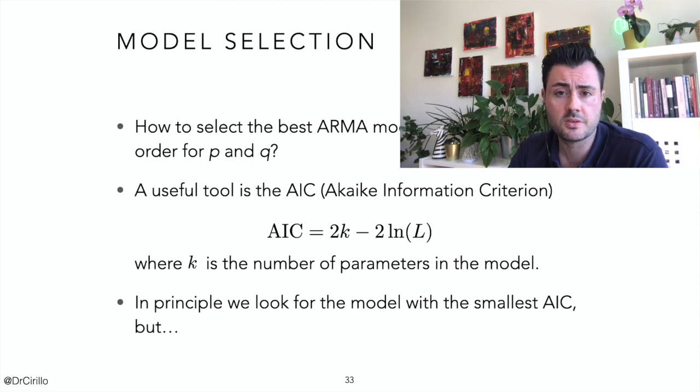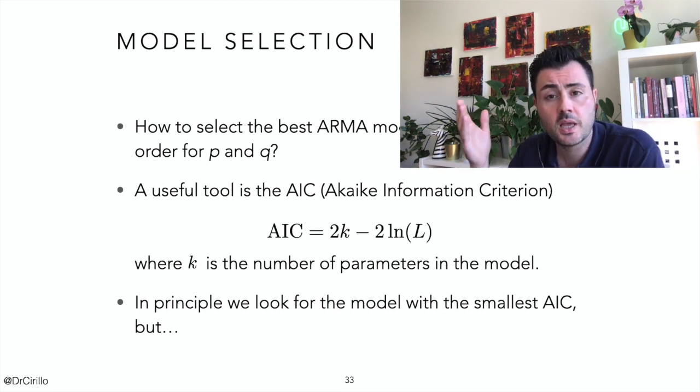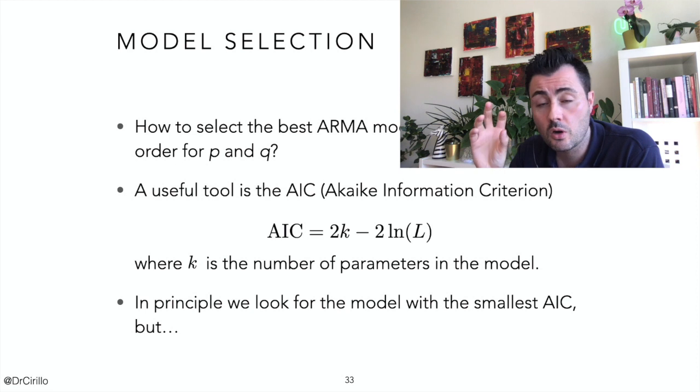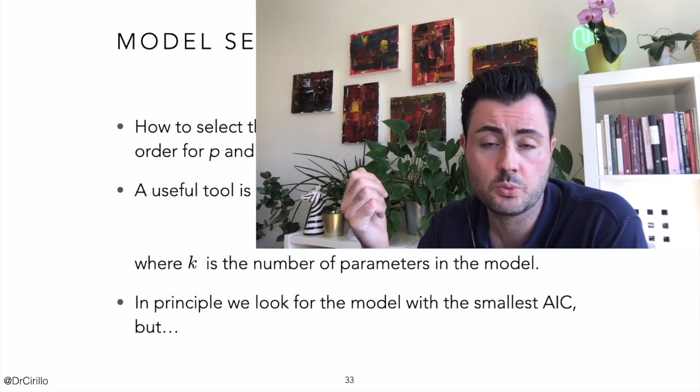This quantity is defined as 2 times k, where k is the number of parameters involved in the model, and remember that in the ARMA model this is p plus q plus 1, where 1 accounts for the standard deviation or the variance, what you prefer, of the white noise, and we have the quantity minus 2 times the logarithm of L, where L is the likelihood of the model that we are considering. Using the Akaike information criterion, we will look for the combination of p and q that minimizes the criterion.